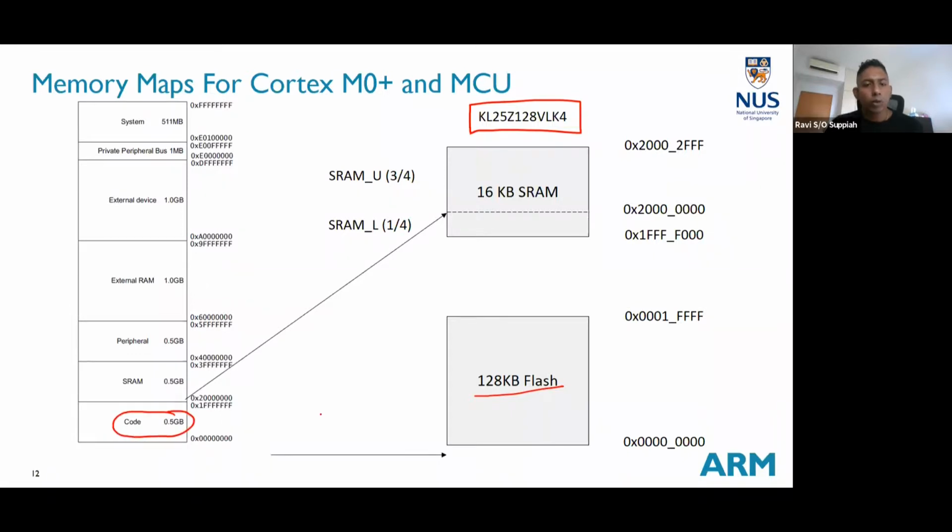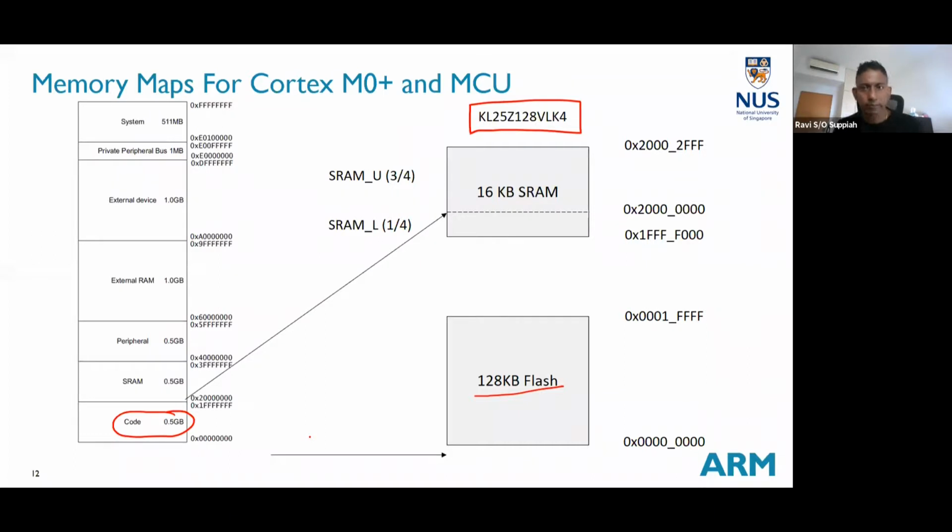So you can see that we are only using a portion of the space available. That is the difference between using the MCU, the microcontroller, and using the actual processor core itself. If you take this same processor core and want to design your own microcontroller in the future, you can add more flash memory to make full use of this entire space.